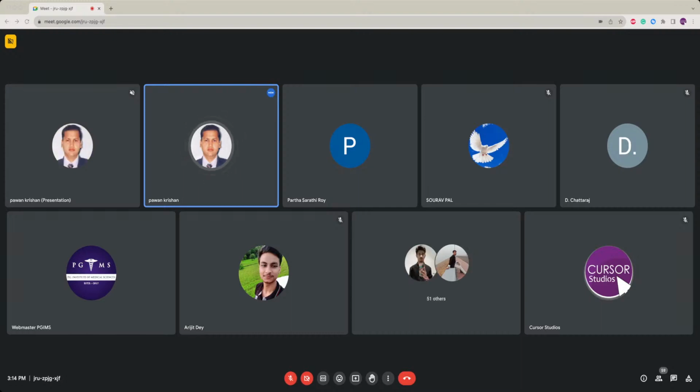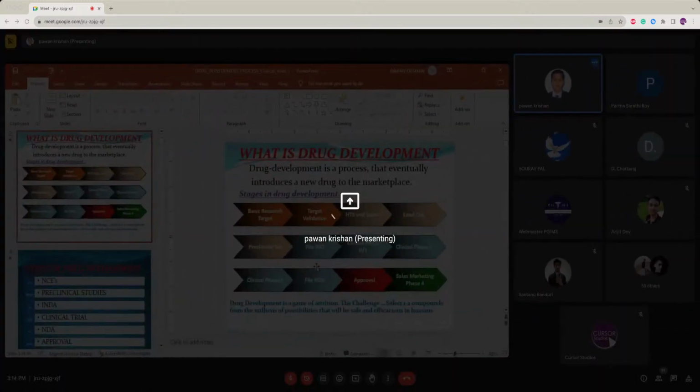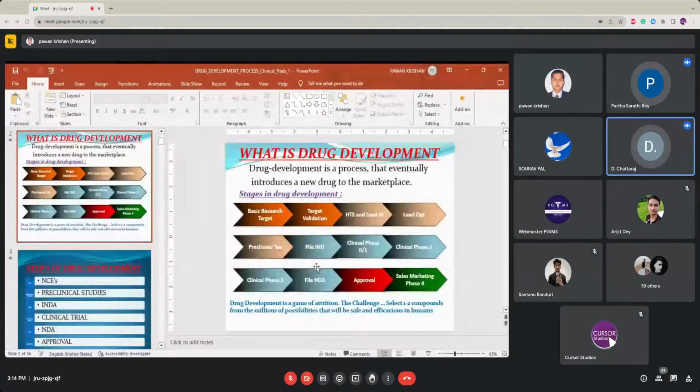Can you see it now? Yes, sir, it is visible now. You have to make it full screen.